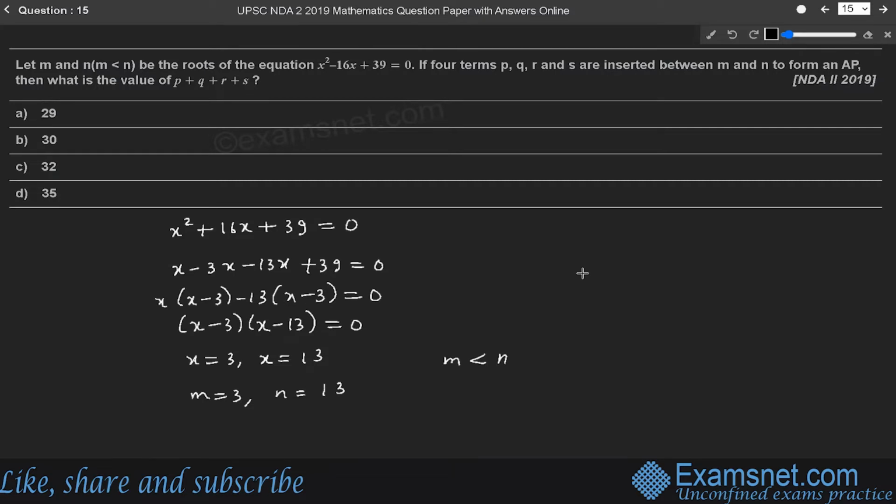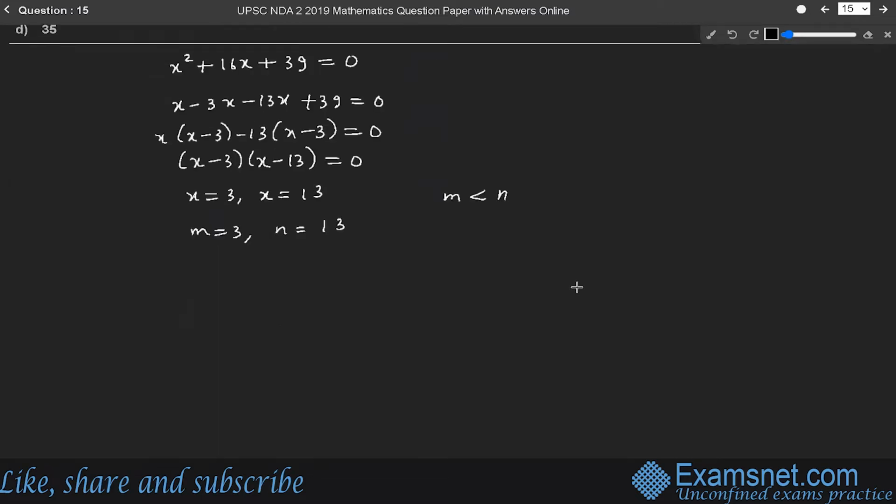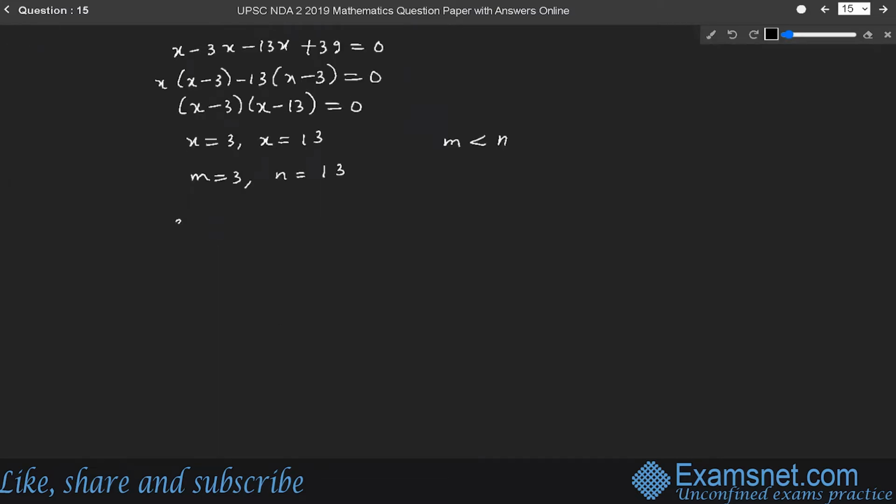Also, 4 terms are given, P, Q, R and S. They are inserted between m and n to form an AP. And the AP will be 3, 5, 7, 9, 11, 13. We can say that these numbers are in AP. So P will be equal to 5, Q will be equal to 7, R will be equal to 9 and S will be equal to 11.